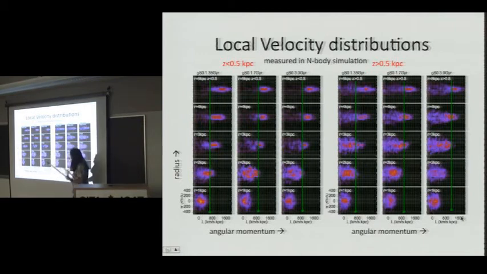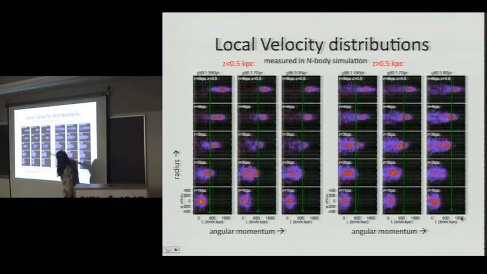I'm plotting for different neighborhoods along the bar the z component of velocity versus angular momentum. There are various ways to plot the velocity distribution. This is the z angular momentum, so it's only set by the z component of the angular momentum, so it's only velocities in the plane.